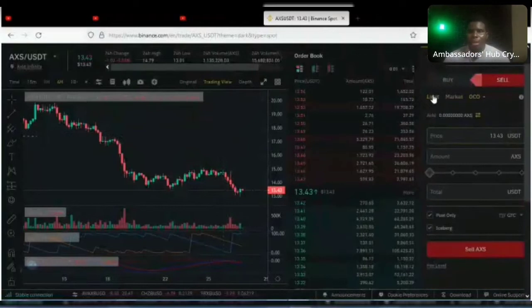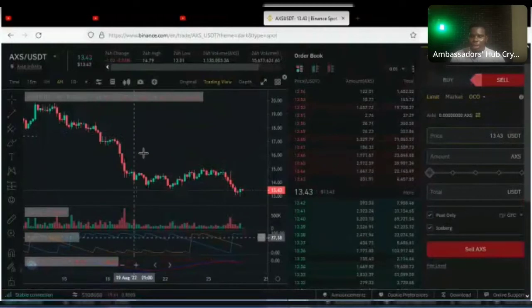The limit order simply means I'm expecting the market to drop to a particular price, and I want the market to take me in when it gets to that price. So if the market is 13.43 and I'm expecting it to drop to $12, my entry price will be $12, right?